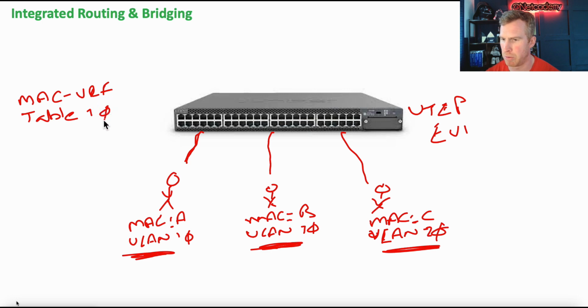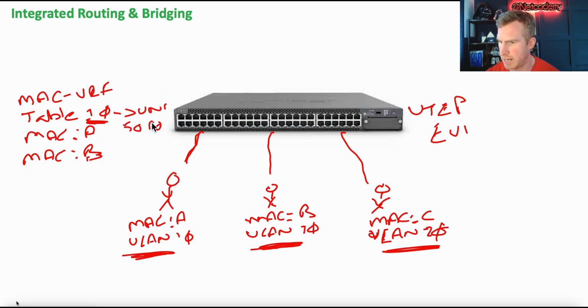Again, I'm keeping it simple. And this would have MAC address A for user A and MAC address B for user B, because they are in that same virtual network. And this would then correspond to a VNI, let's just call this 5010. That's what VXLAN is going to use to tunnel that traffic.